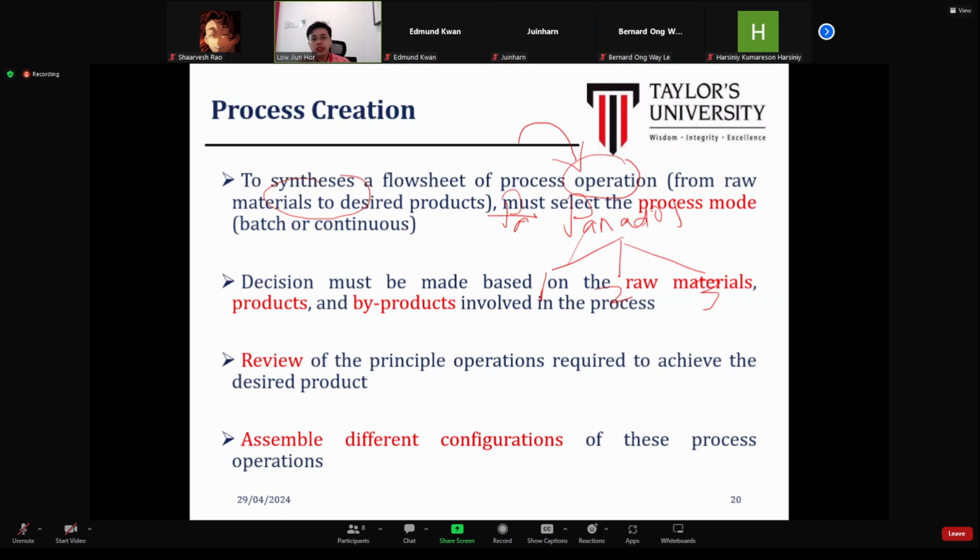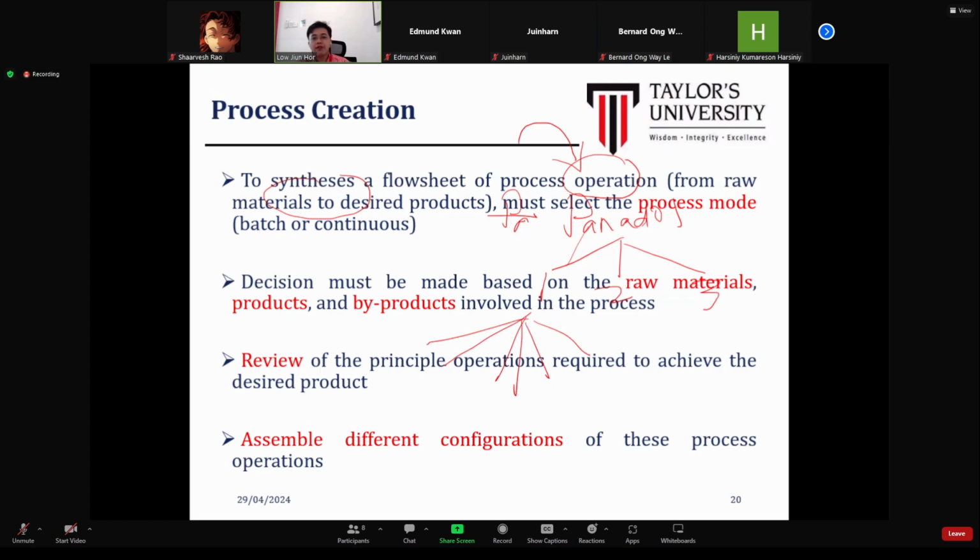Each technology, each process here, involves the use of different raw materials and also different unit operations or equipment. And the sequence, how you arrange the unit operations under each process here, you can also further come up with a lot of different possible process flow diagrams.